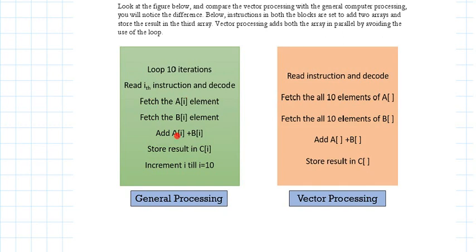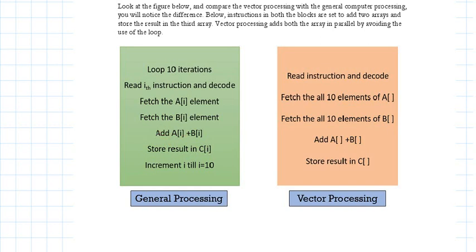Then Ai and Bi will be added if the operation is of addition type. Then you have to store the result in Ci, a third variable. Then you have to increment i and do the same thing once again in a different clock cycle until i becomes equal to 0. Now, the assumption is that you have a single segment in your CPU which can do this addition task.